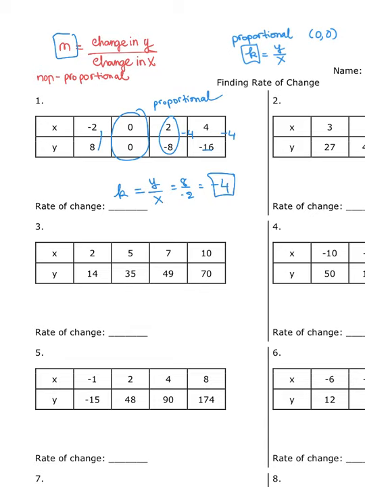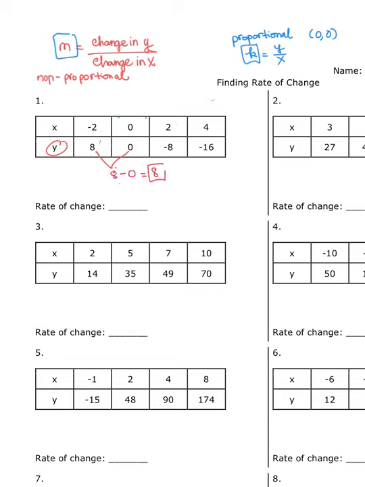However, if you forgot whether this is proportional or non-proportional, we can do m as well, and you will get the same answer. Okay, and I'll show you how to do it. If you don't know this is proportional or non-proportional, just do m. So change in y over change in x. So change in y will be 8 minus 0, which is 8.